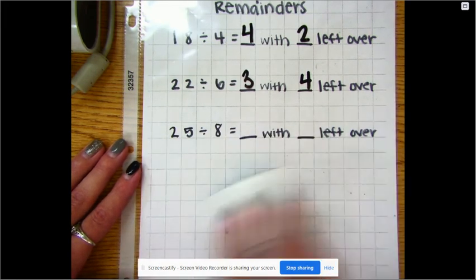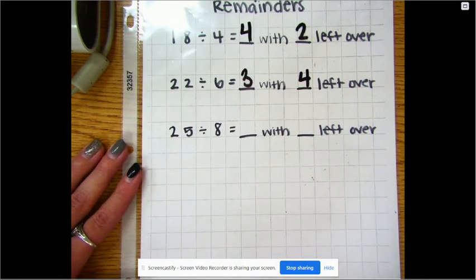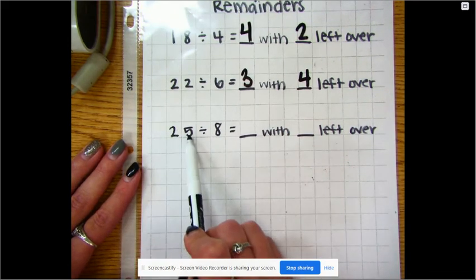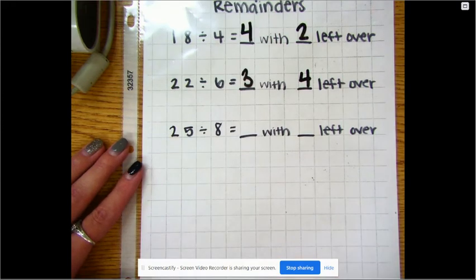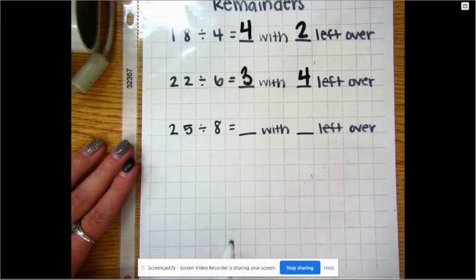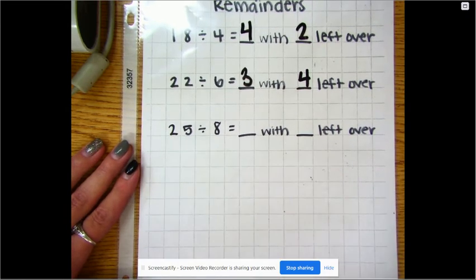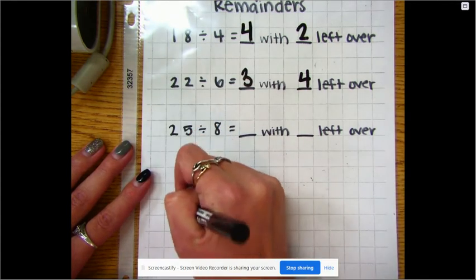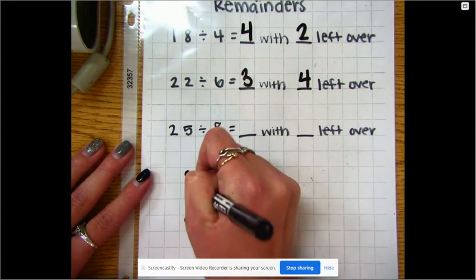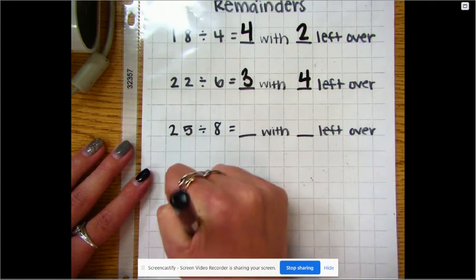Let's try one more. 25 divided by 8. This is a larger number, and I'm going to show 2 strategies for this one. The first one, I'm going to do pictures like I did before, and the second strategy I'm going to show is using the multiplication chart. So let's do a group of 8. Okay.